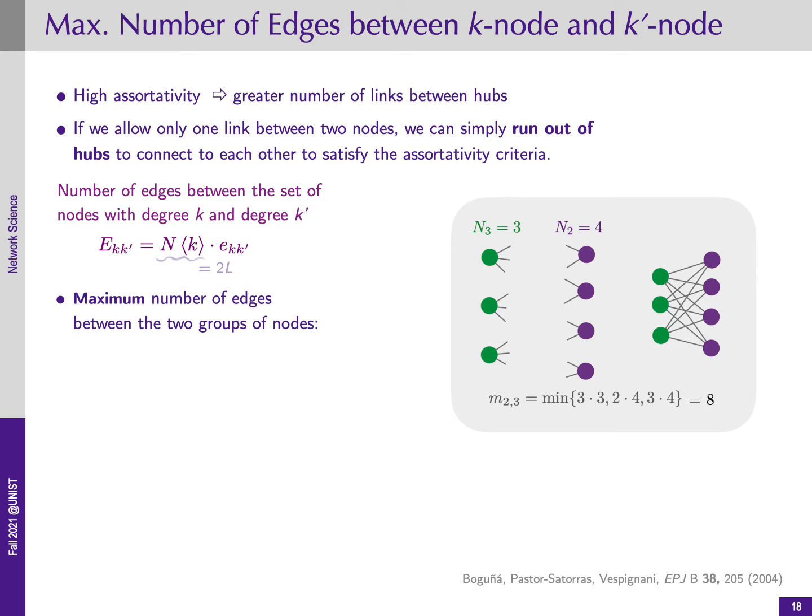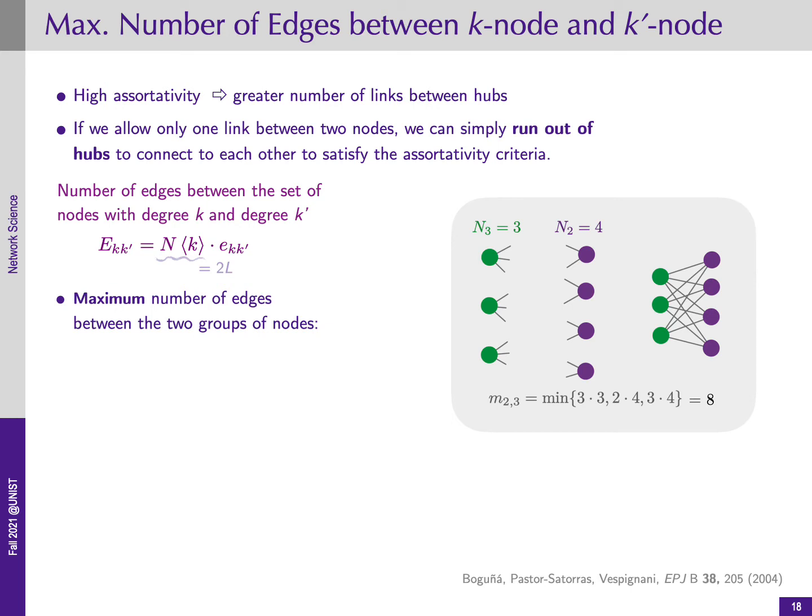9 is coming from 3 times 3, right? And also it is limited by the number 8, which is 2 times 4, capturing the total number of edge stubs emanating from the nodes with degree 2. And another limitation comes from the possible combinations of a complete bipartite graph between the two groups of nodes, right?